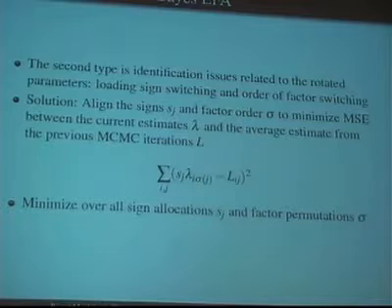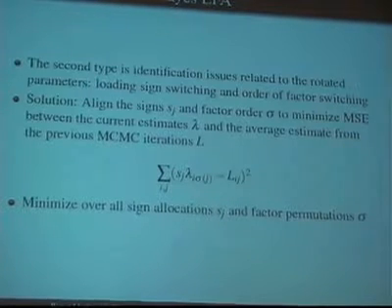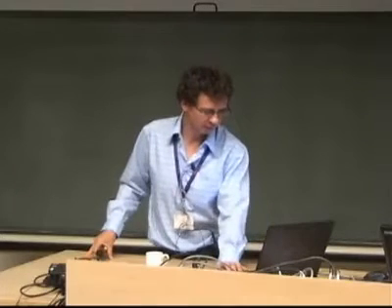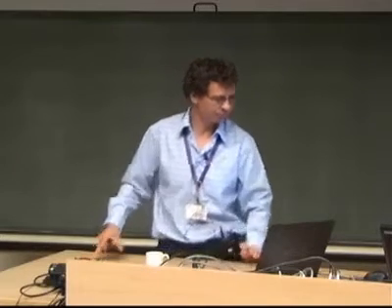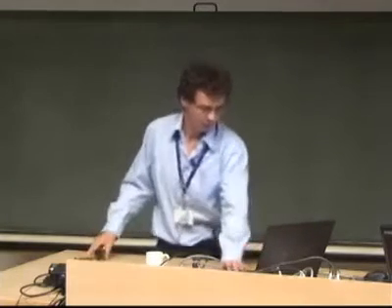We accumulate the average loading matrix across the MCMC iterations, and then we arrange the signs and the order of the factors in order to match that average loading matrix, and that will resolve the identification issues. We actually do this twice in the algorithm, the second time just to make sure that there's no noise that has come from the averaging at the beginning.